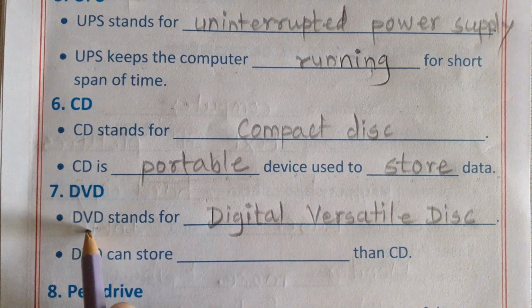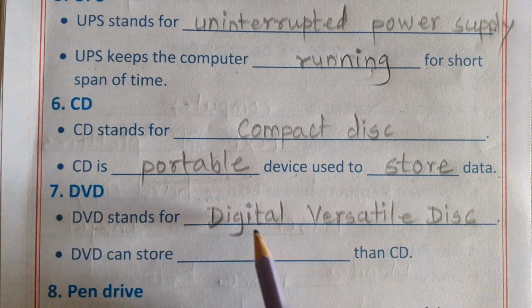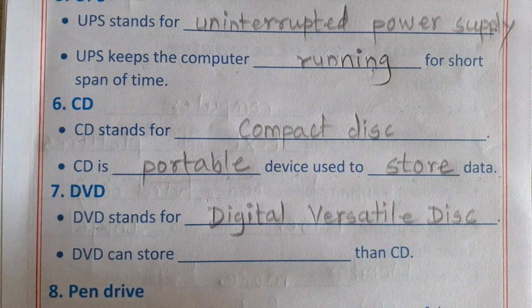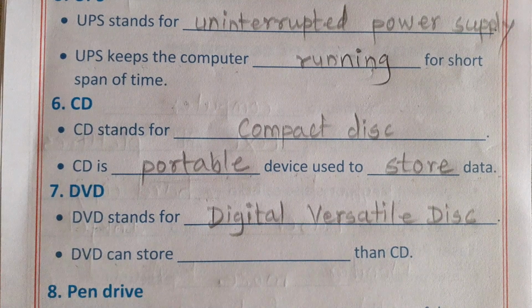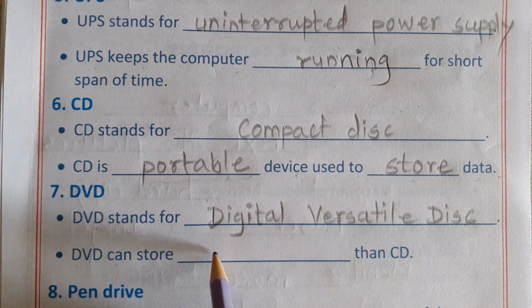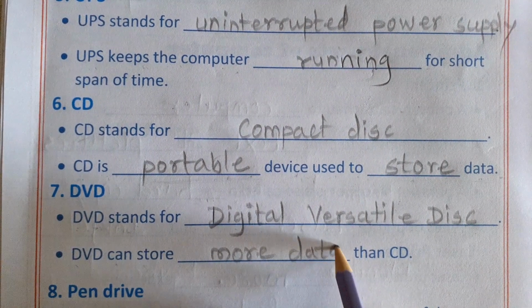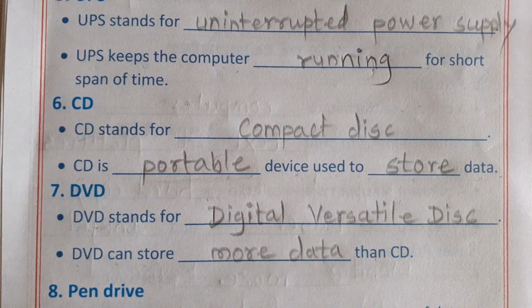D for digital, V for versatile, D for disc. Understand? Very good. DVD can store more data than CD. More data. DVD can store more data than CD.